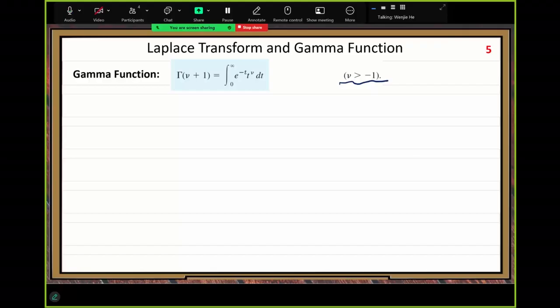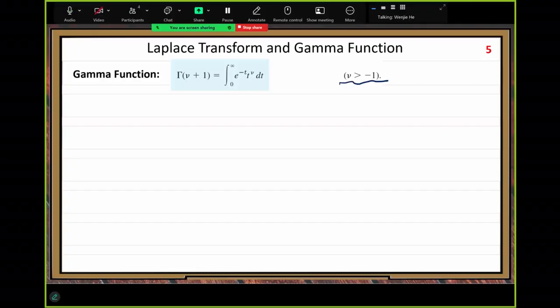The gamma function is defined as the integral from 0 to infinity of e to the negative t times t to the nu dt. In our Laplace transform we have e to the negative st, there is an s, but here there is no s. You can see they are closely related, the gamma function and the Laplace transform.